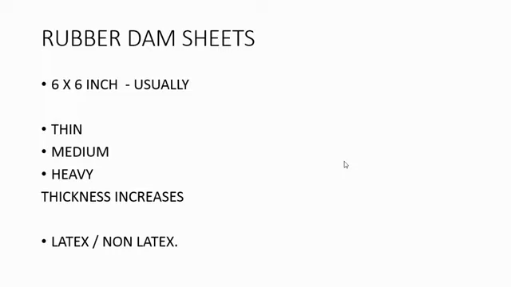So it was a lot of demotivation for using the rubber dam, because a lot of sheet tearing would happen. So my learning would say, use good sheets. Good rubber dam sheets of latex and non-latex are available. I'll be telling you which I'm using, and I feel they're good enough. The earlier problems of tearing of the sheets have almost been eradicated.